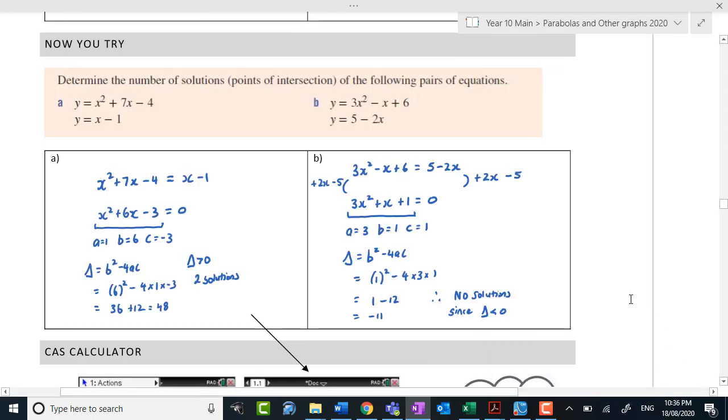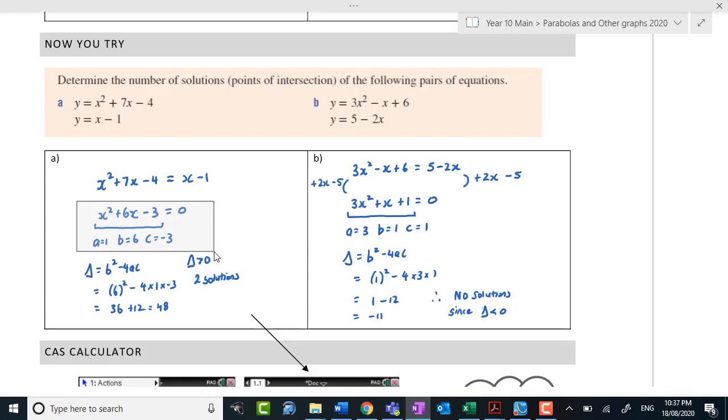All right, so hopefully you have tried this now. On the left-hand side, this one, let them equal. Then let's get everything on one side. So I want to add 1 to both sides, and I want to subtract x from both sides. Once you do that, we can then use the discriminant.